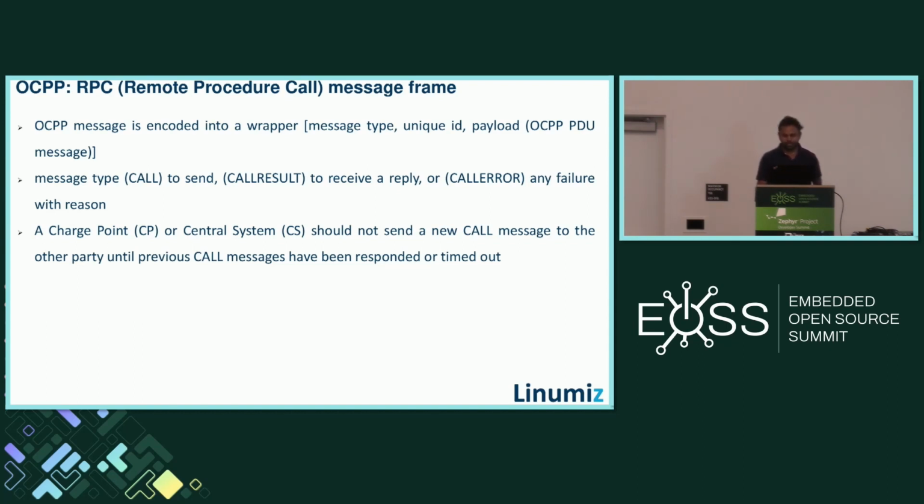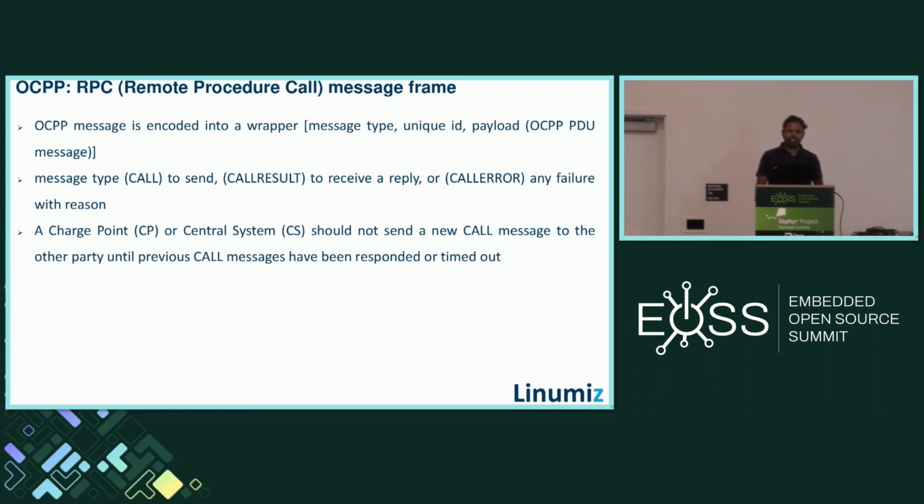This carries a message type, a unique identifier, and the payload of the OCPP PDU message itself. The message types are primarily categorized into three types. One, the call, to send a request; the call result, to reply with the response to the call message; and then the call error, in case of any error or failure, with the reasons.